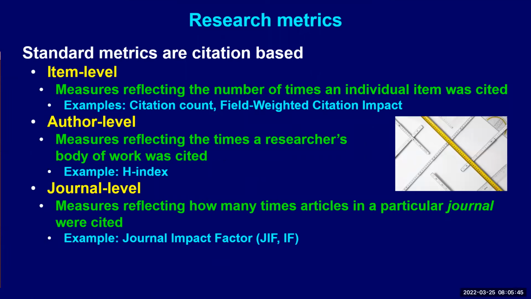There are also metrics that reflect the impact of a researcher's body of work. An example of that type of metric would be the H index. And finally, there are some journal level metrics. The most commonly talked about is the journal impact factor. And we're going to look at all of these a little more closely.